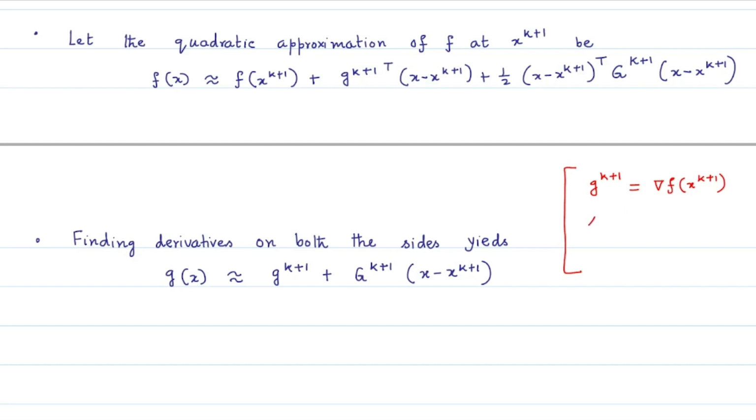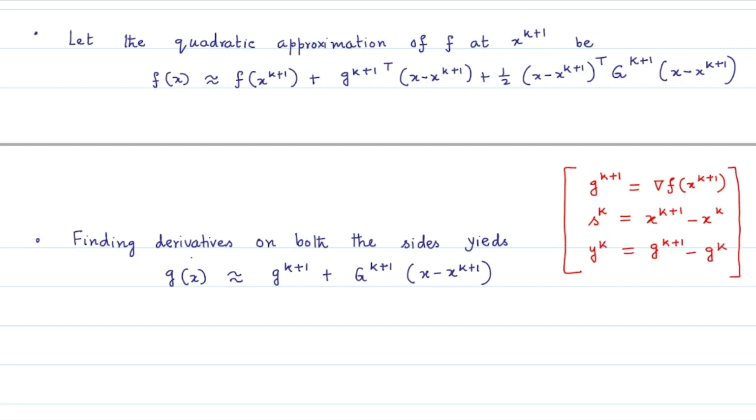I also inform you that the usual notations that we shall be using in the derivation of these quasi-Newton methods are that sk is equal to the iterate xk+1 minus xk. We also will use yk to represent gk+1 minus gk.